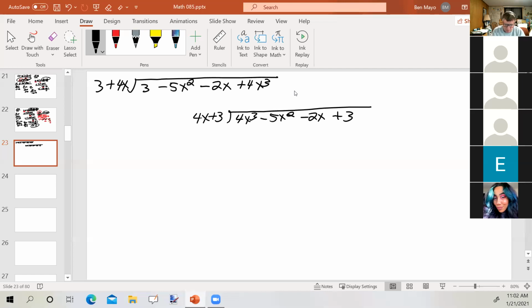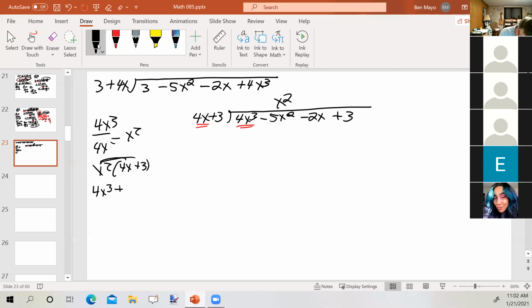Okay, so now we're going to take the leading term inside divided by the leading term outside. 4x cubed divided by 4x is x squared. We're going to take x squared times 4x plus 3 and get 4x cubed plus 3x squared. Write that over here.